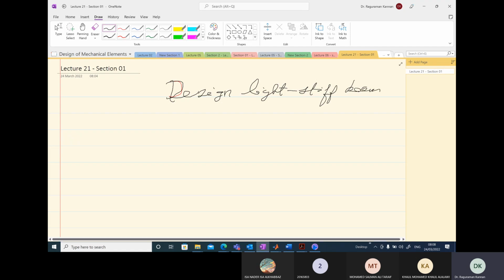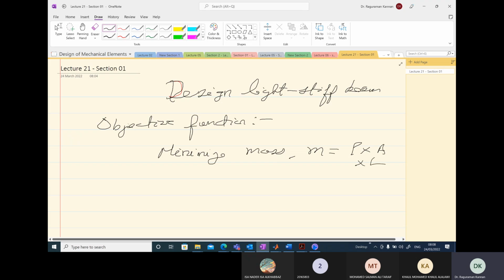That means first, what is the objective function? We list that. What is the objective function? Minimize mass, which can be written as rho times volume, which can again be written as rho times area times length. So this is the first step.